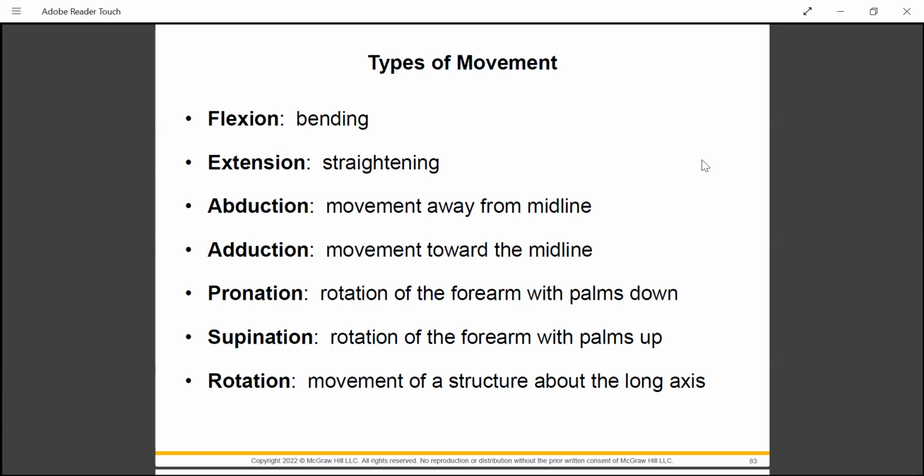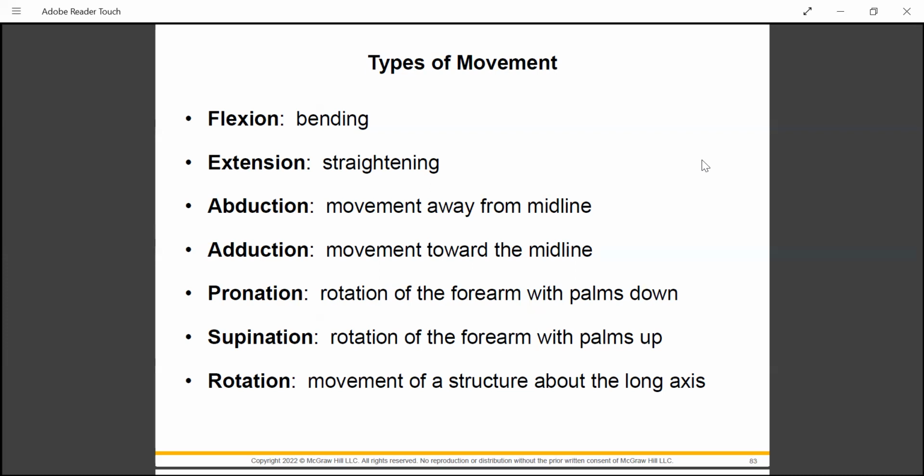So if I raise my arm like a jumping jack, that would be abduction of the arm. Or if I spread my legs apart in a jumping jack, that would be abduction of my legs. Vice versa, when I bring my arms back down, or bring my legs together, that's going to be adduction because I'm moving them back towards the midline.